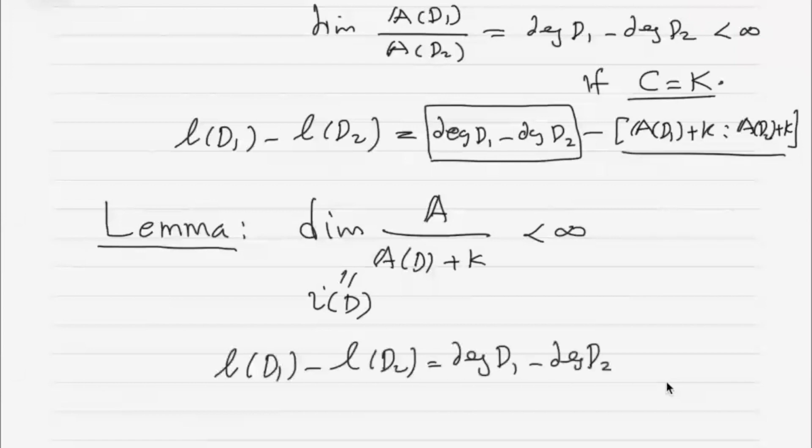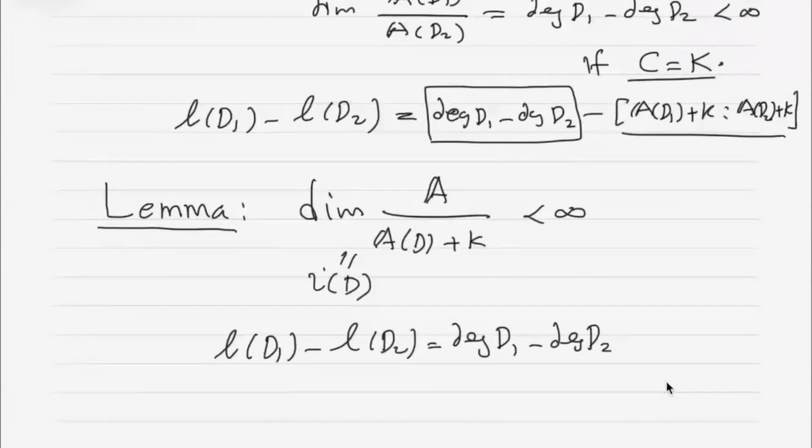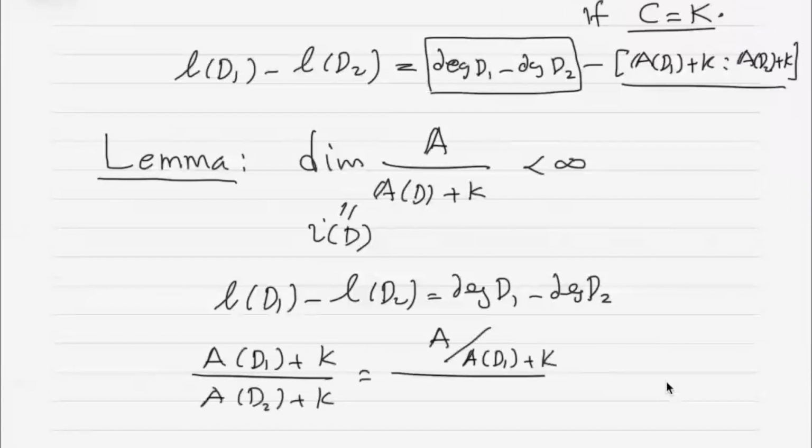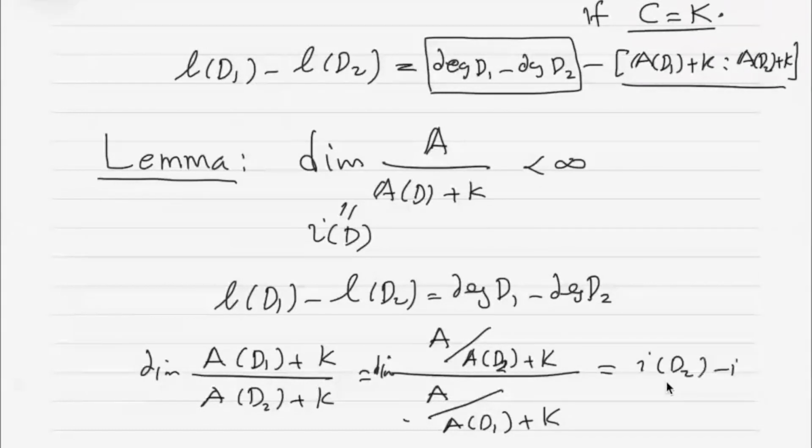And now this can be written as, I don't want to make a mistake, A of D1 plus K divided by A of D2 plus K can be written as A divided by A of D1 plus K. Right. So this is the dimension of this, is I of D2 minus I of D1.